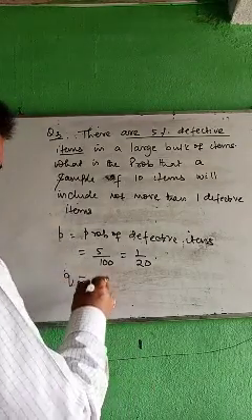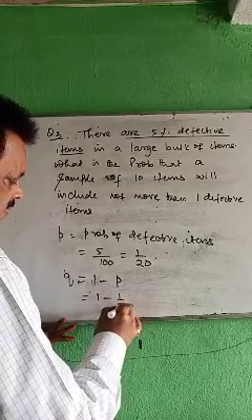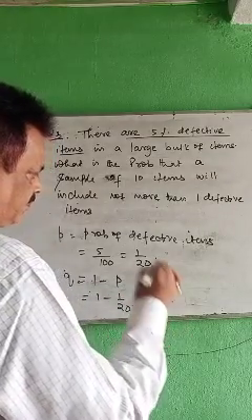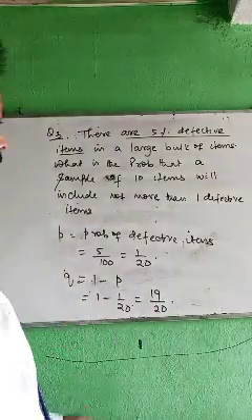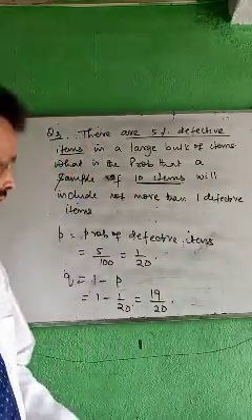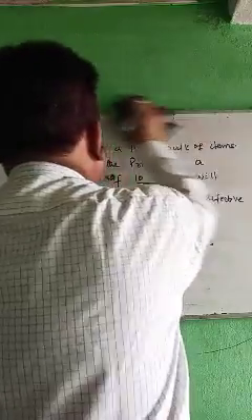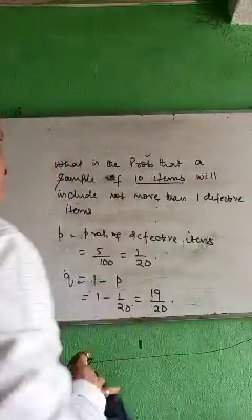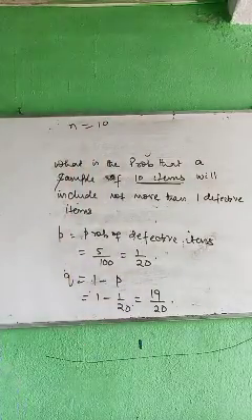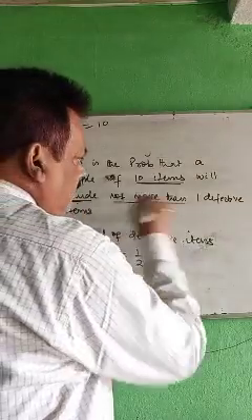Q is 1 minus P, that is 1 minus 1 by 20, which is 19 by 20. In a sample of 10 items, that means n equals 10. It will include not more than 1.